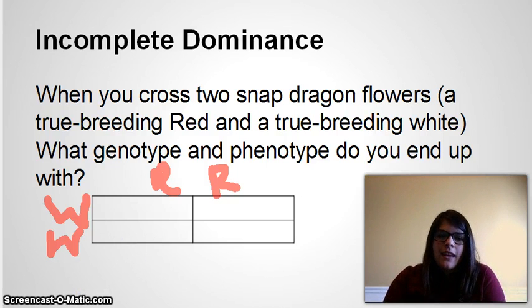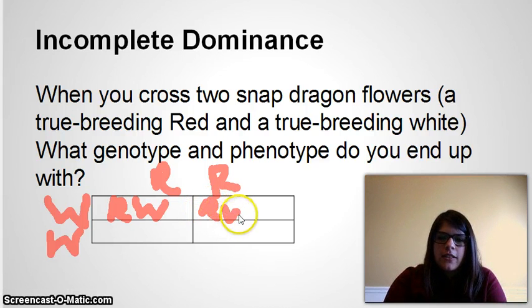So with each of these, we're going to write out our genotype. Remember, genotype is the actual genes that we have. And with every single one of these, we get an RW. The RW is going to be the phenotype white.